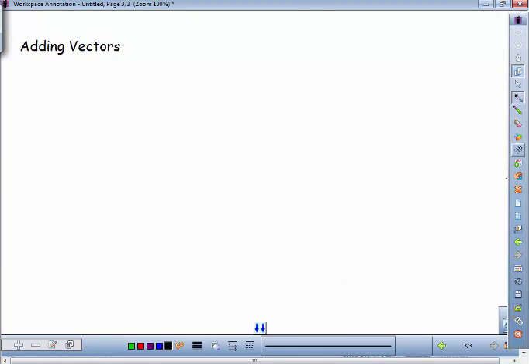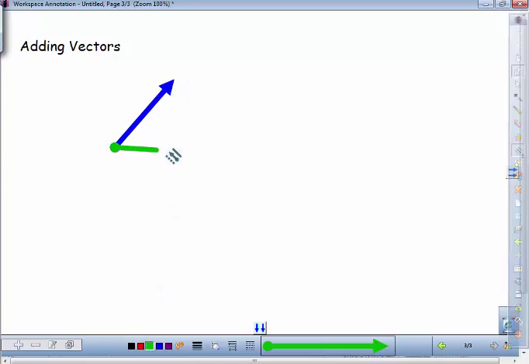So vector addition: geometrically, we can view vector addition in a nice way.